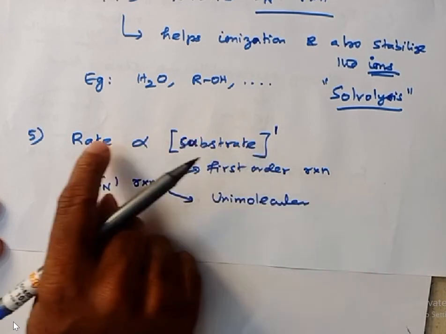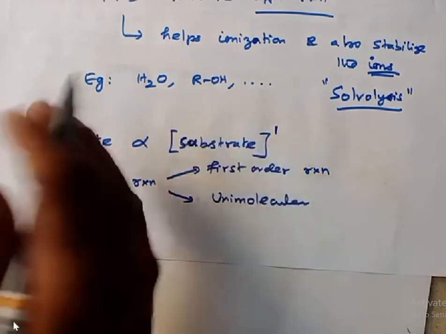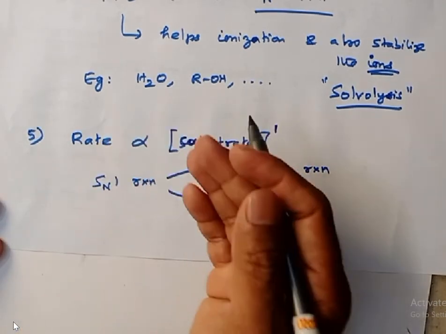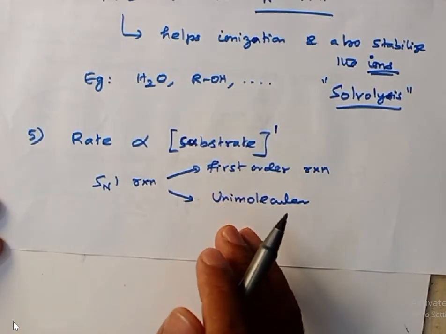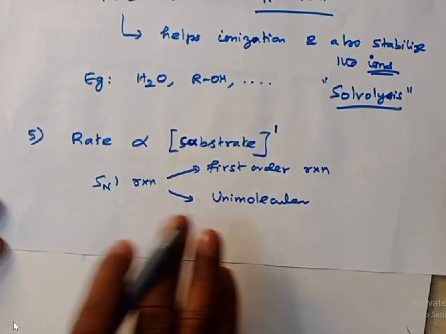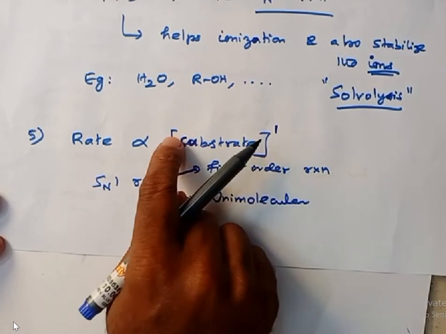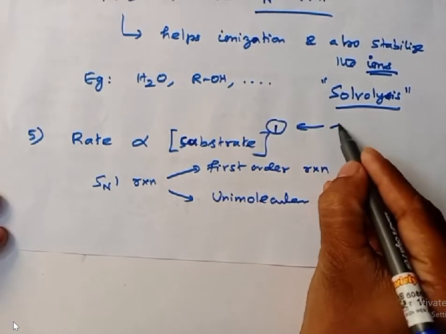In the rate law, the rate of any reaction is directly proportional to the concentration of the reactants. We'll see how to write the rate law as we go along in the chemical kinetics chapter. But right now, keep this in mind. The power term, here on the substrate concentration, should be determined through experiment.